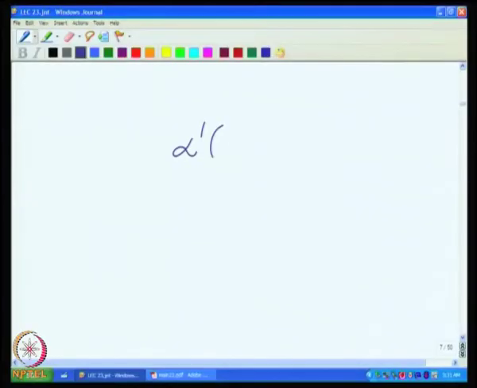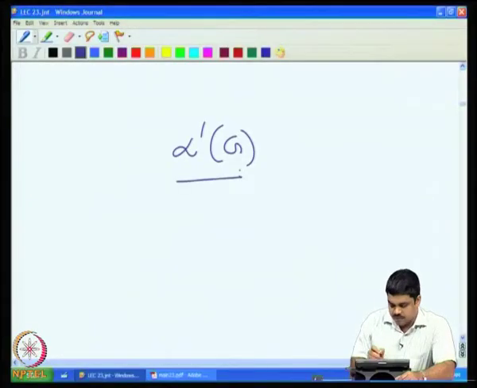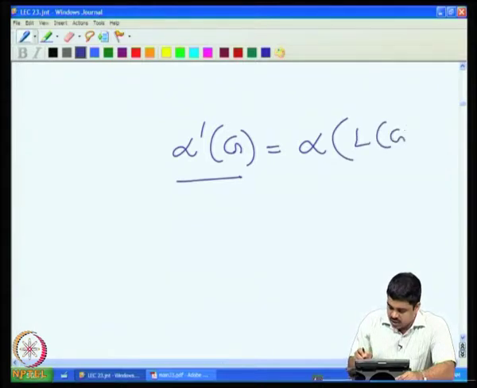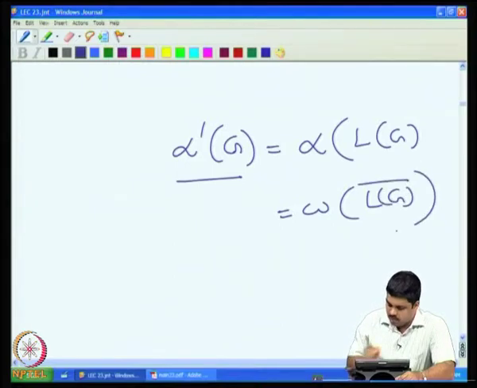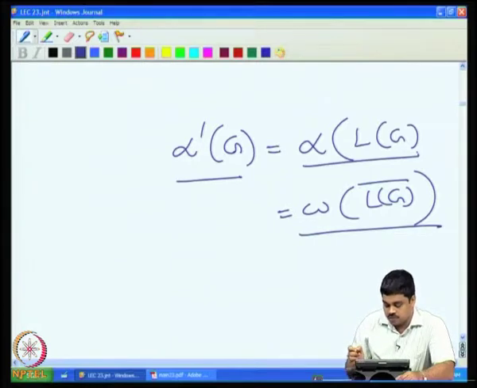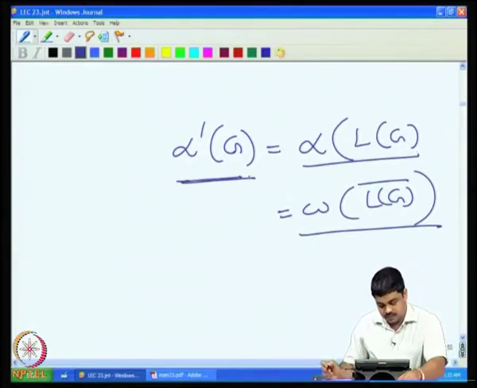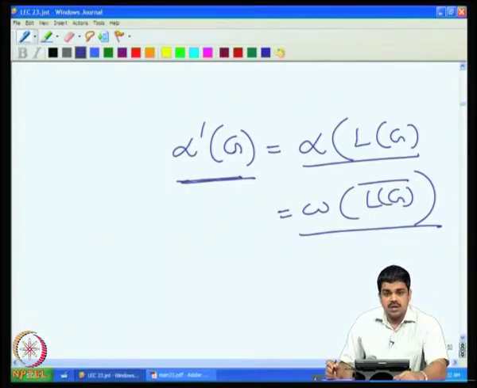That becomes alpha dash of G for the original bipartite graph. If G is the original bipartite graph, this is the biggest independent set in L of G, and that is omega of the complement of L of G. This is what we are interested in. So that is alpha of L of G, which is alpha dash of G, the maximum matching in the original bipartite graph.